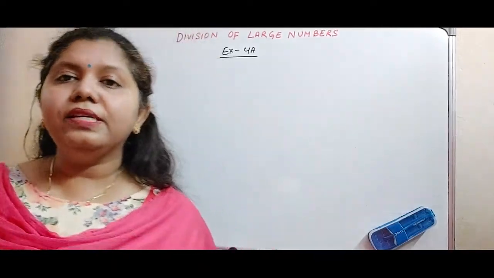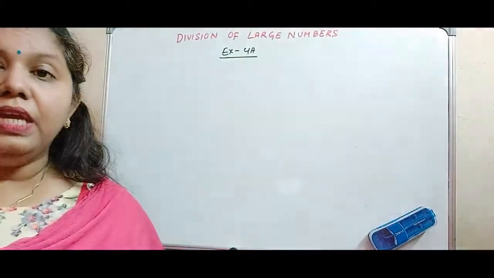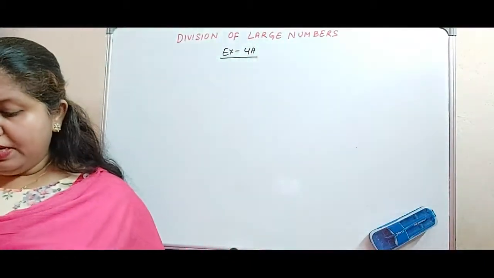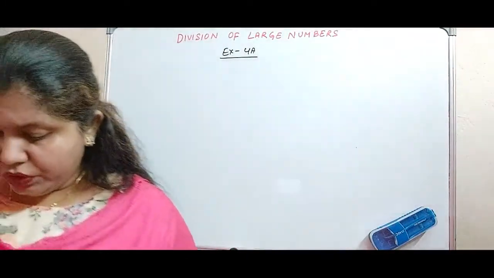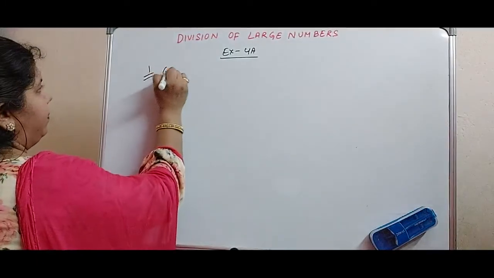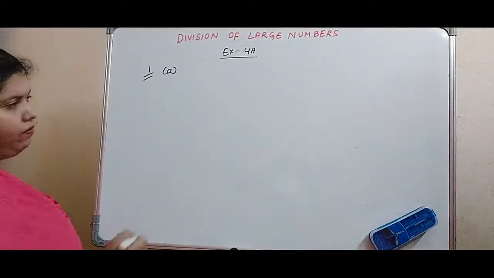Moving to exercise 4a, you have the first question, that is you have to divide each of the following by the method of expanded long division, traditional long division and short division. So the first question is part 1, part A, that is 2152 divided by 2.